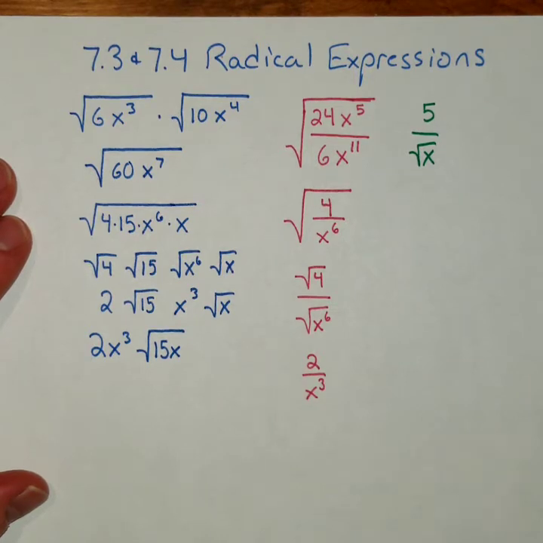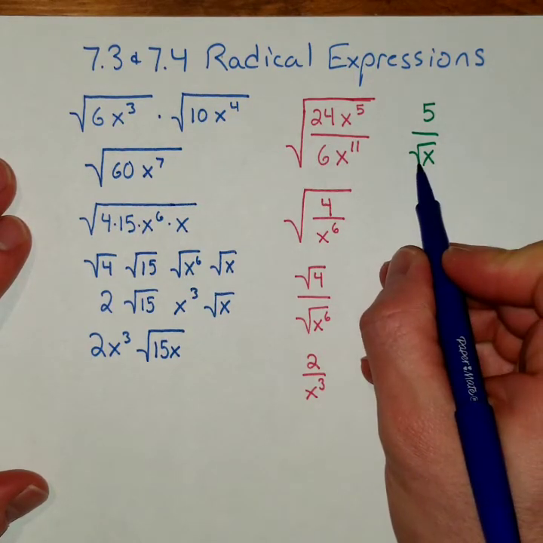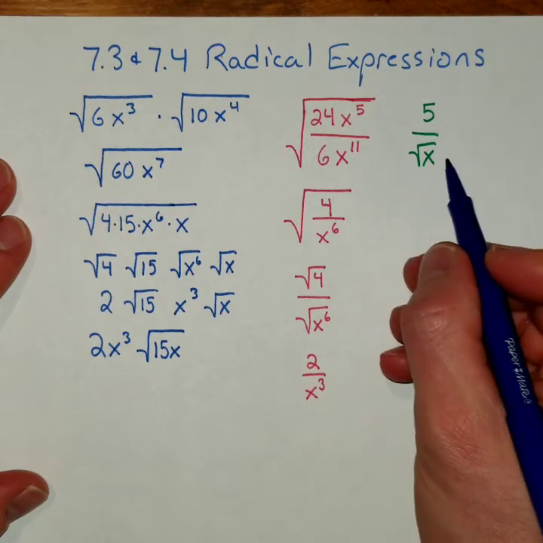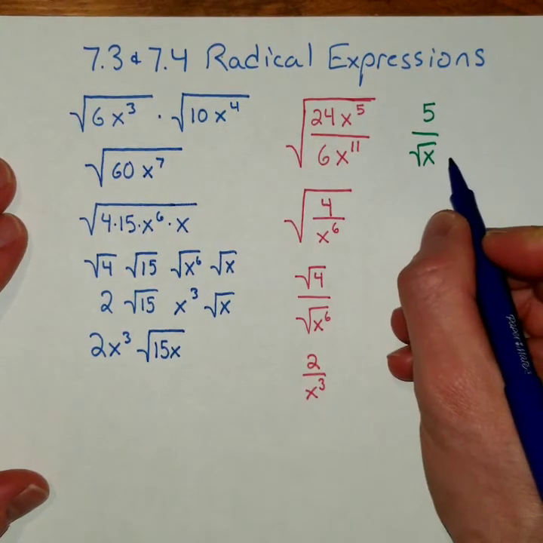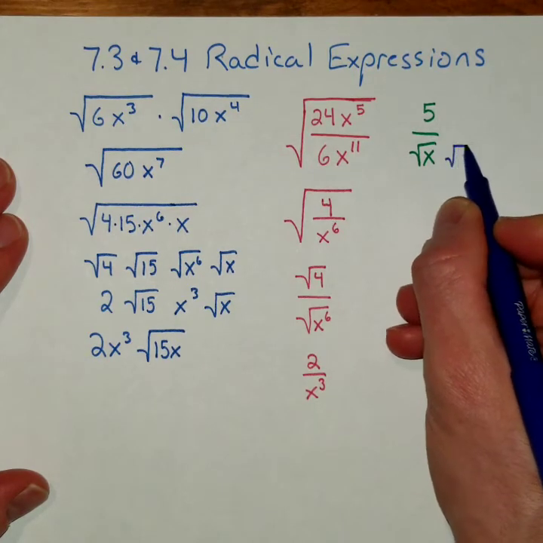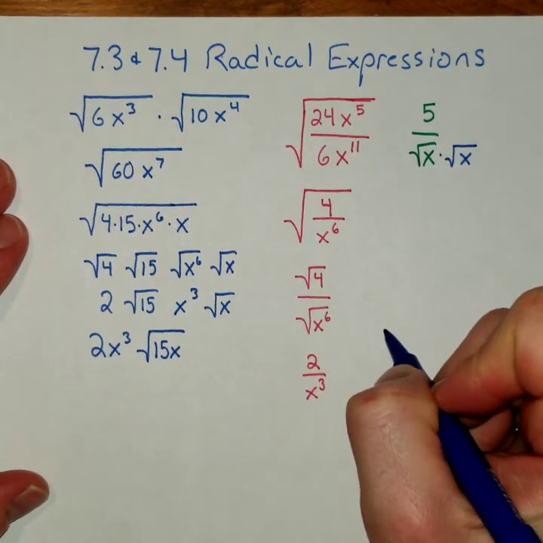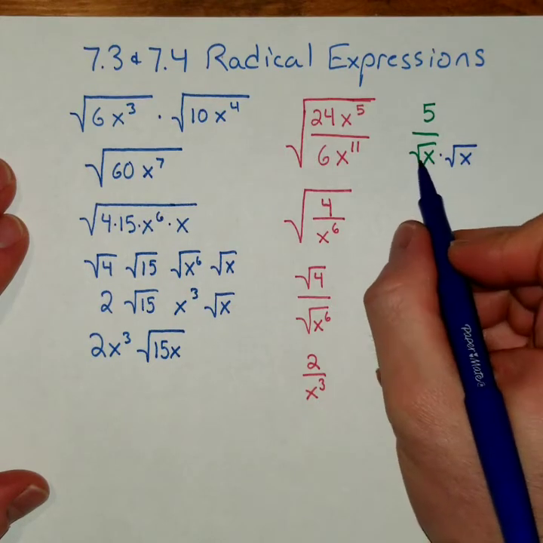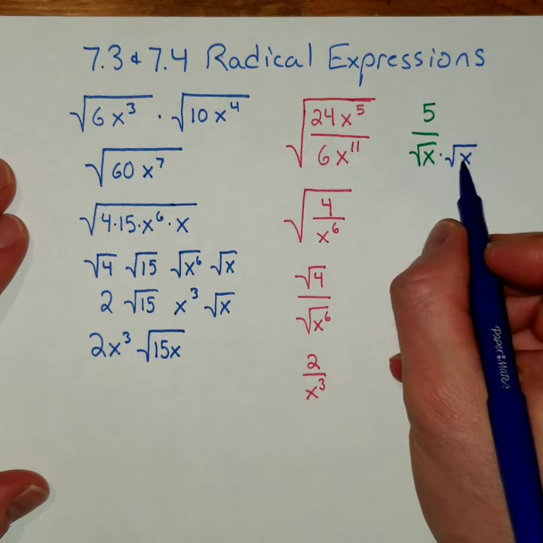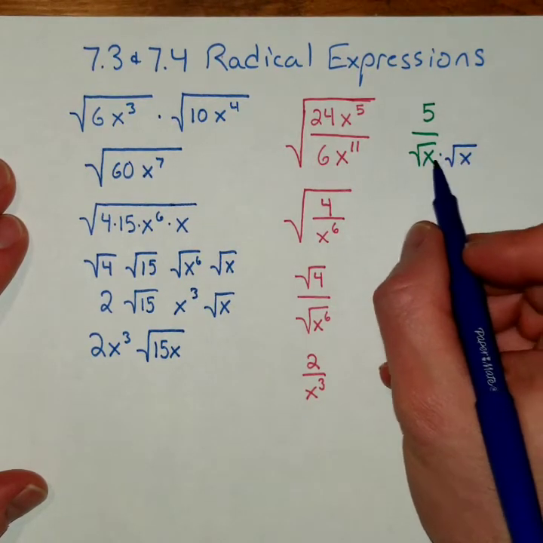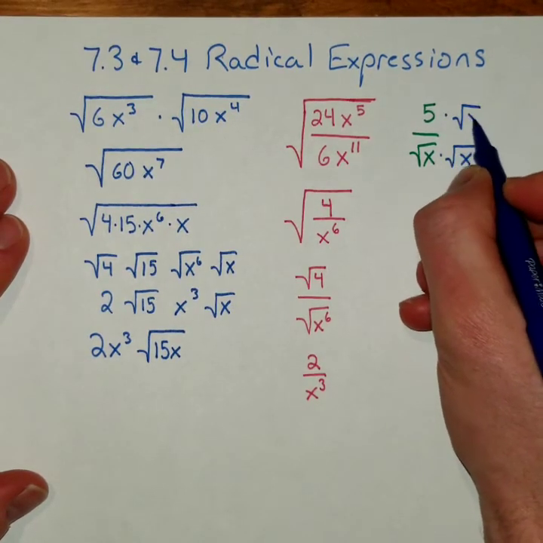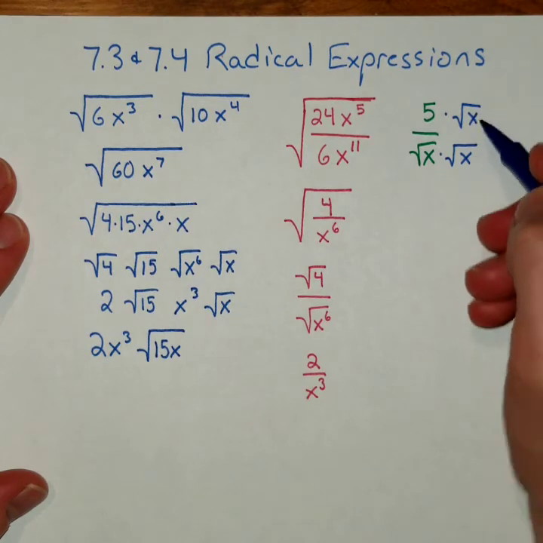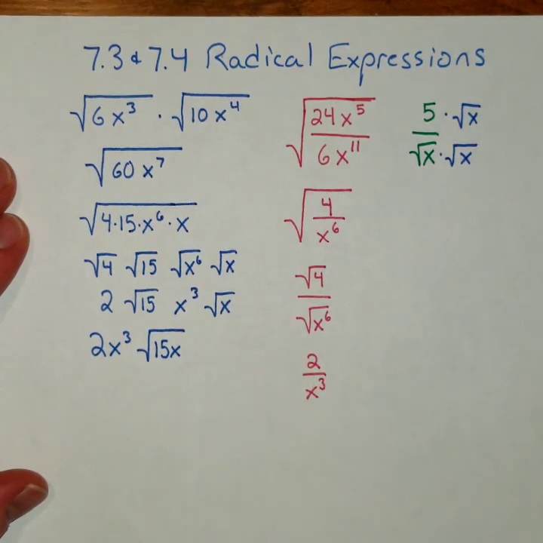So one way to get rid of a square root is to multiply it by itself, essentially square it, right? You want to square a square root. And so to do that, you want to take and multiply by another square root of x, right? Square root of x times square root of x is just x. But if you're going to multiply on the bottom by something, you've got to do the same thing to the top, right? That way we're really just multiplying by 1 to our fraction, something over itself.